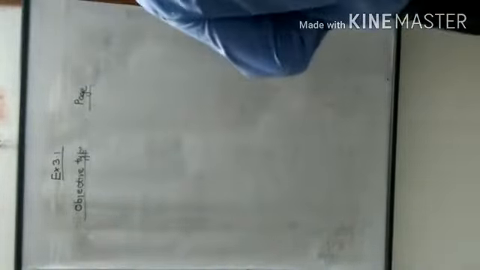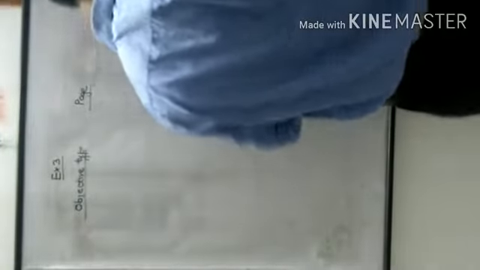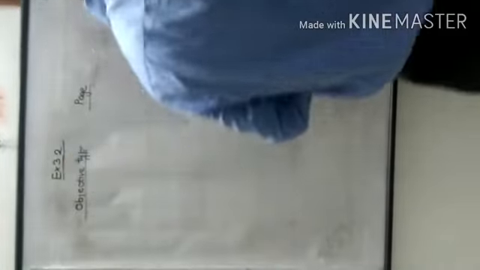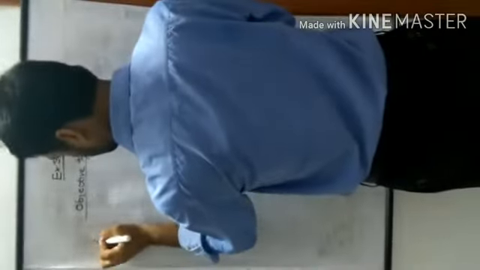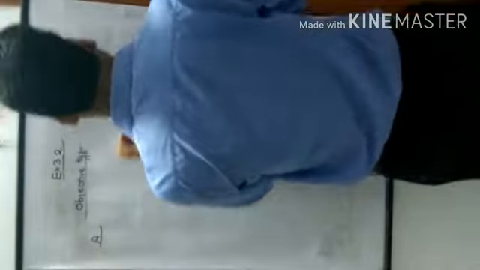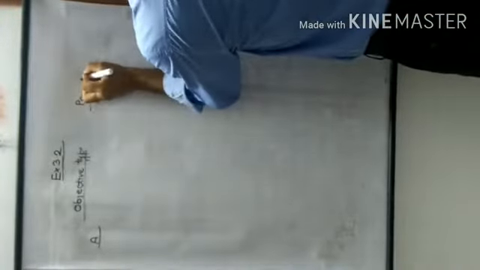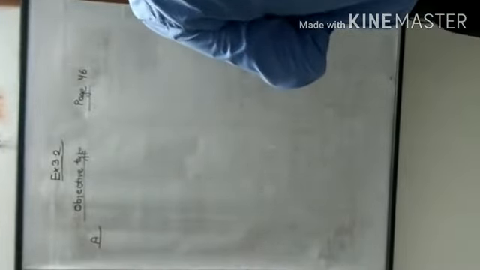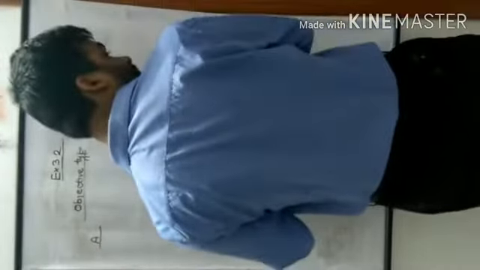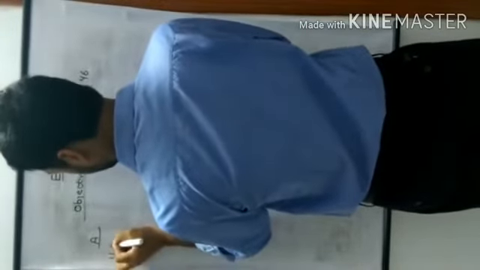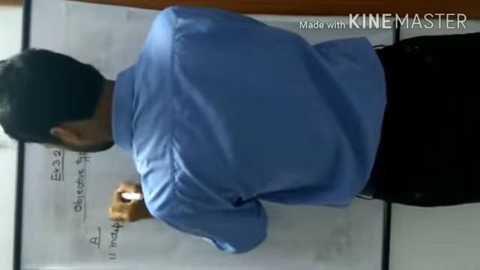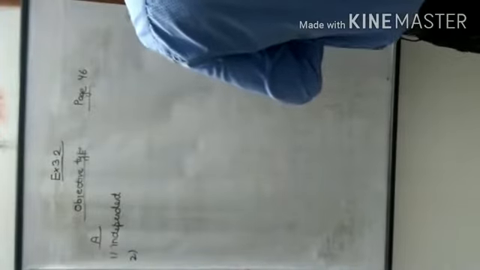Then 3.2, A type, which is on page number 46. Pressure in a liquid is independent. So for the liquid it is independent. Second part, fluids at a given depth exert the same pressure.